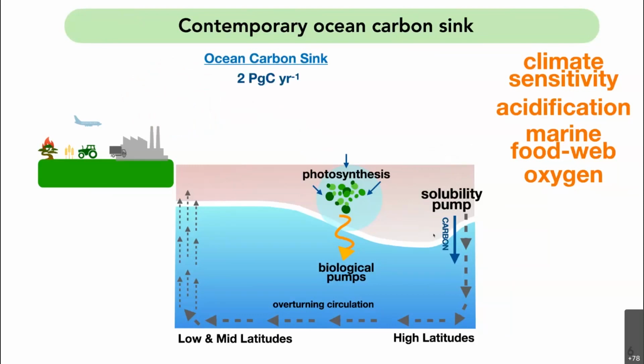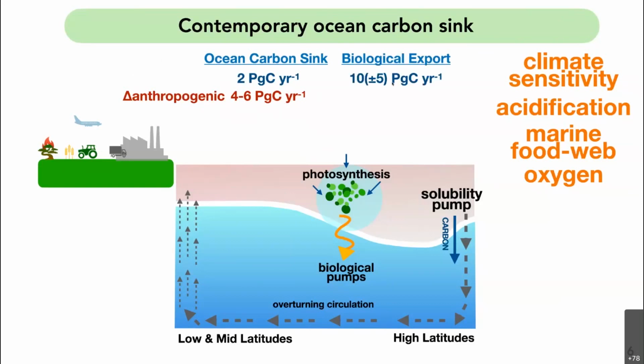Current estimates have the strength of the ocean carbon sink at 2 petagrams carbon per year, which is anticipated to increase due to anthropogenic forcing by 4 to 6 petagrams carbon per year by end of century. The biological transport of carbon in the ocean is also very important for the marine food web and oxygen, as well as climate sensitivity. Currently, it's 10 petagrams carbon per year mean state, anticipated to reduce by about a petagram carbon per year.